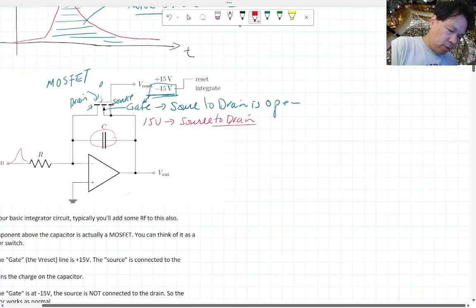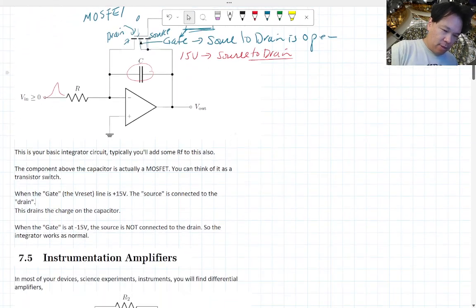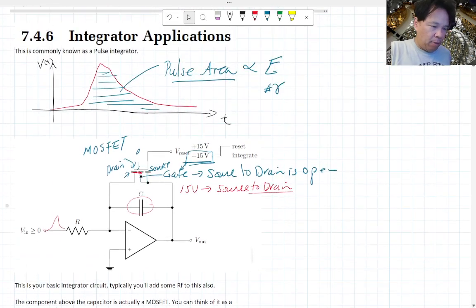But now you want to reset and basically drain all the charges of this capacitor. So you close this switch, and you've basically connected the two sides of the capacitor with a wire, and all the charges just go away. This is known as a pulse integrator.